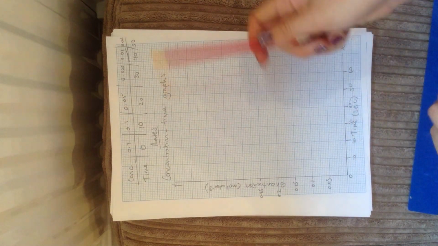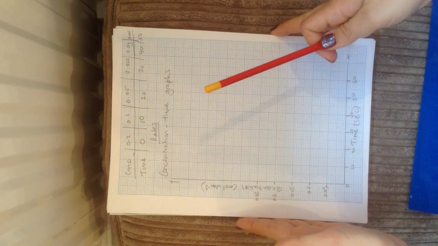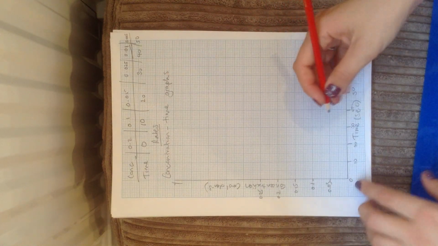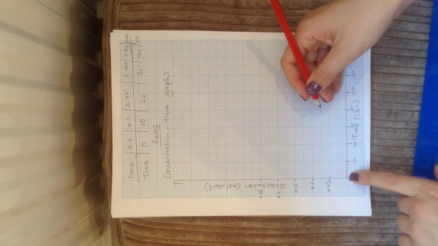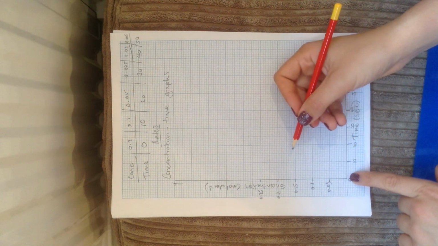Now this is where the biggest mistakes are made in drawing graphs, plotting the values wrong. Always double check your data at the end, and always make sure that you double check before you mark it on there as well.